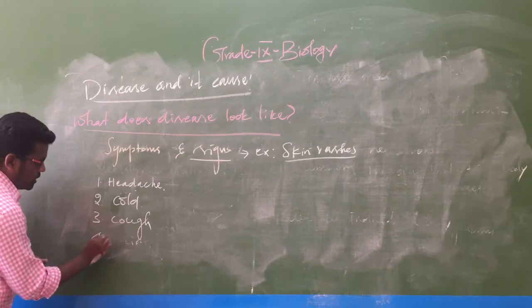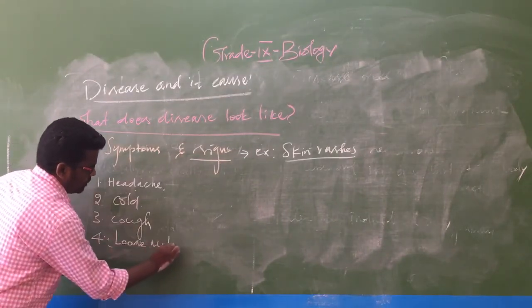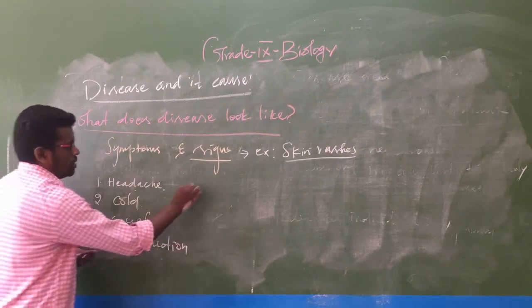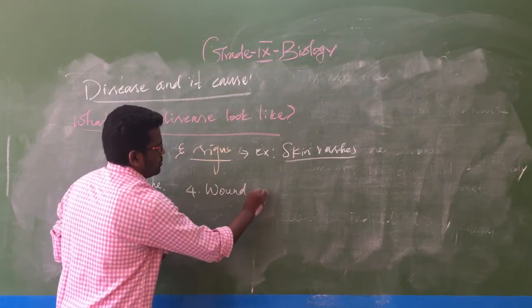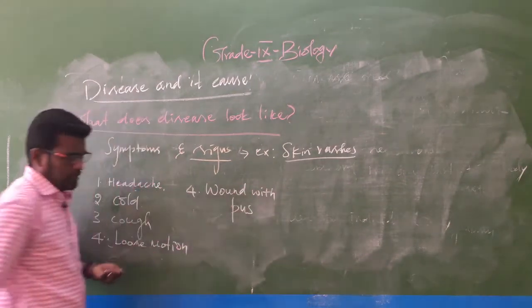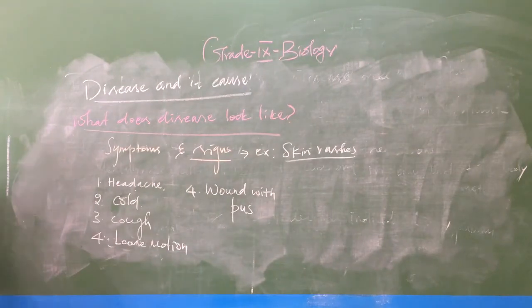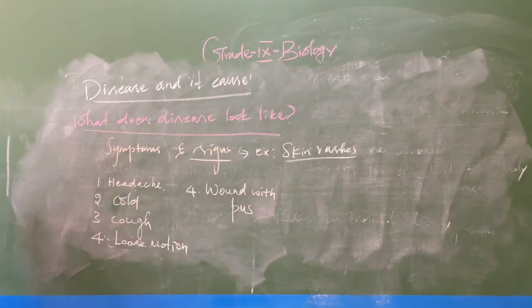And loose motion is a symptom, and the fourth one is wound with pus. Okay, so these are examples of symptoms.